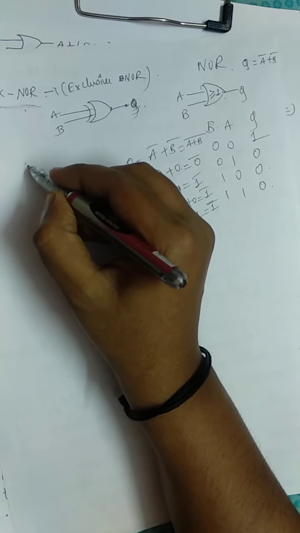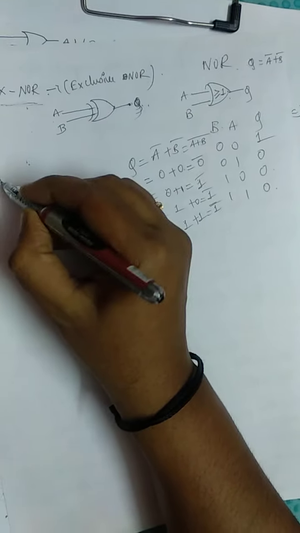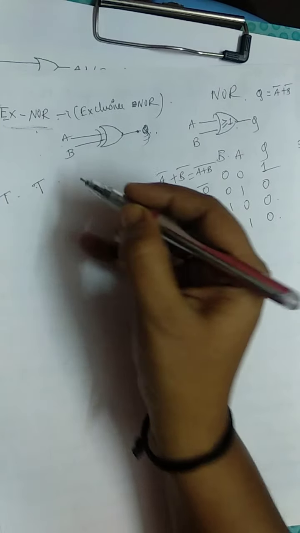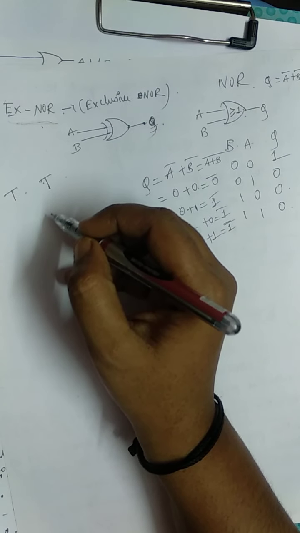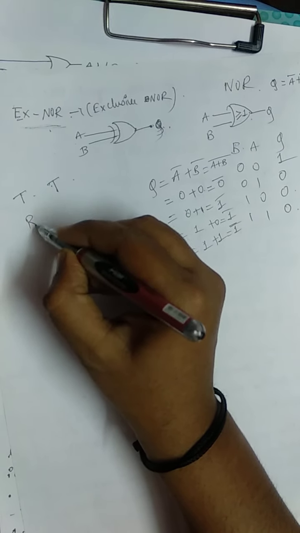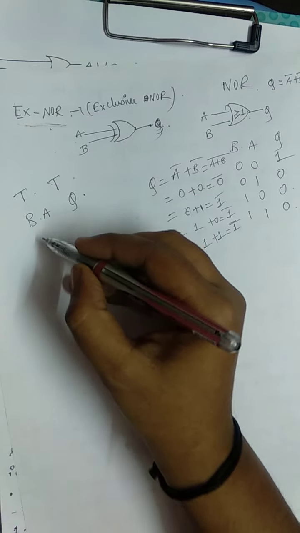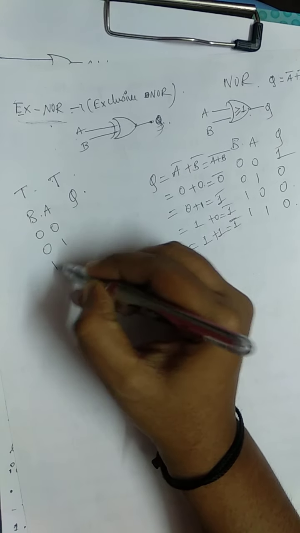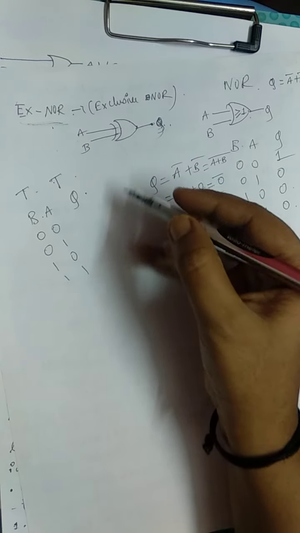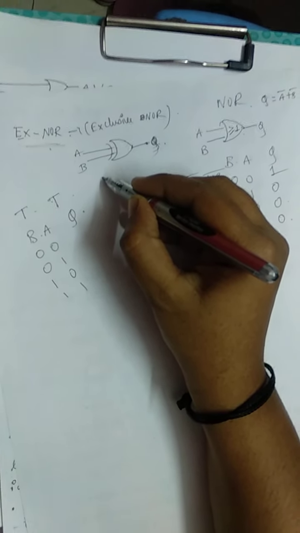So next, what is it? Truth table. So the truth table for the XOR gate, XNOR gate. That is 2 inputs and 1 output. The same inputs will apply. So the function of this exclusive NOR gate is what?